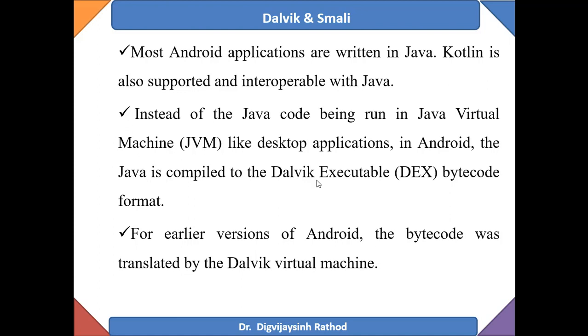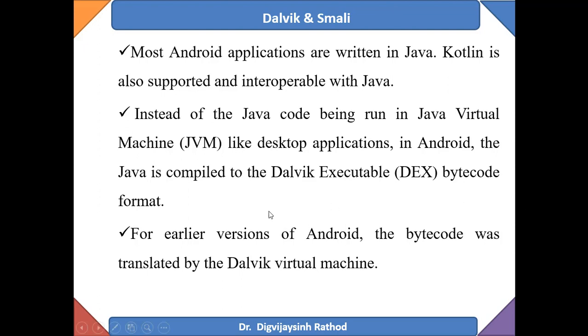So when your applications run on an Android mobile phone, which has limited memory and processing power, it will run in a way that it has a smaller footprint. It will consume less memory and less processing power also. That's the only idea behind this.